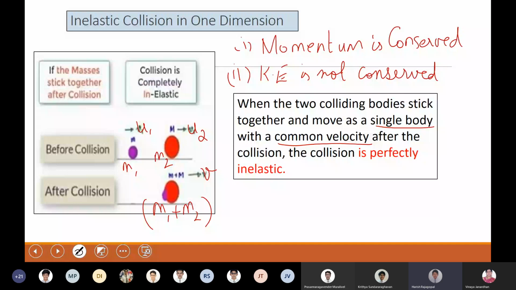So for this, there will be only one V. Final velocity is just V.